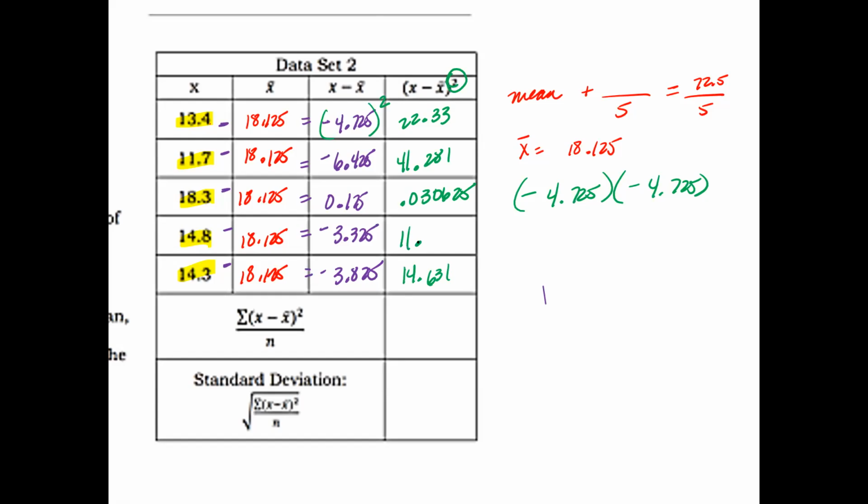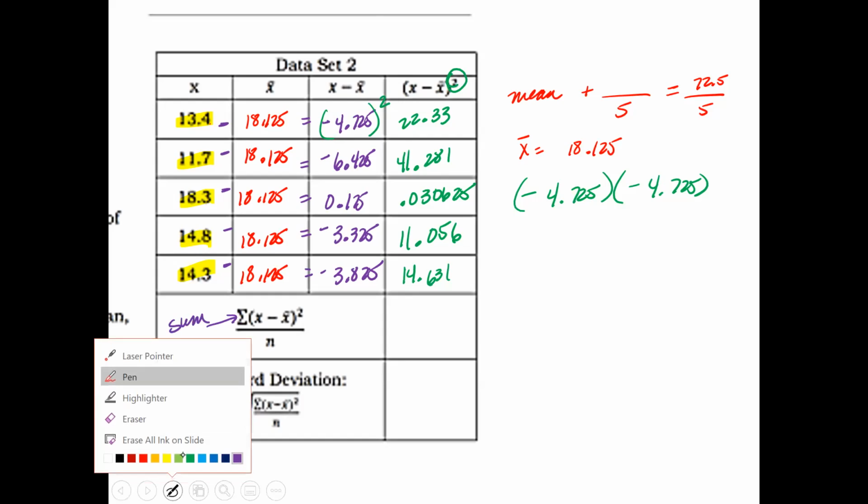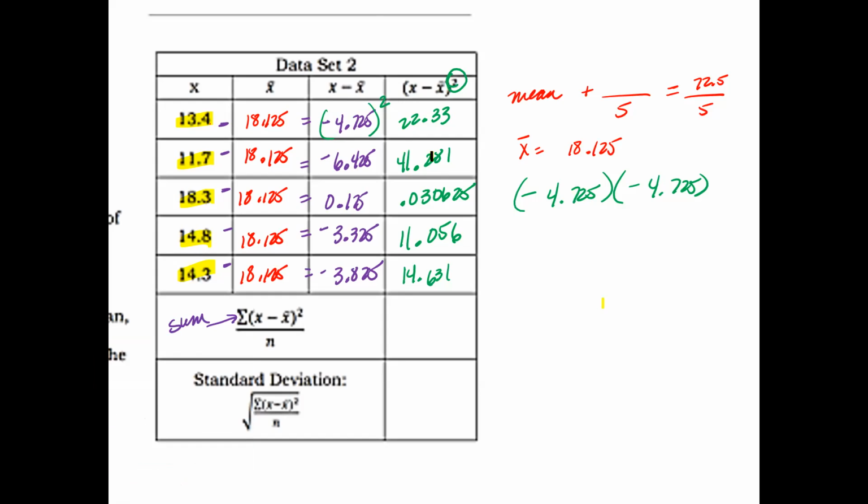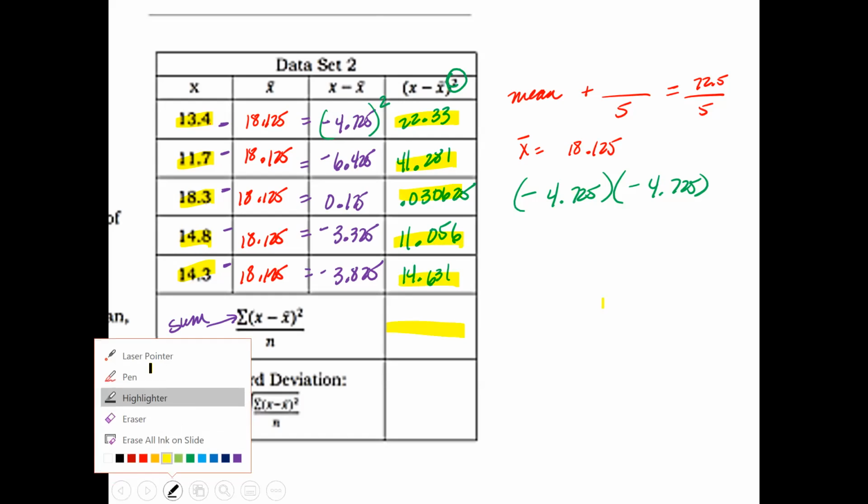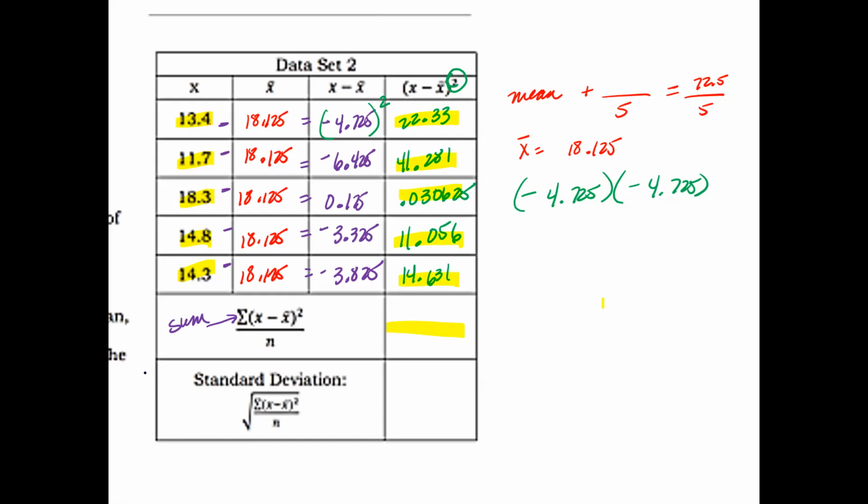This one is 11.056. Okay, so now that I have these numbers here, take a look at the next piece. This capital sigma just means sum. So what that means is you're going to be adding these numbers together. So go ahead and add them.